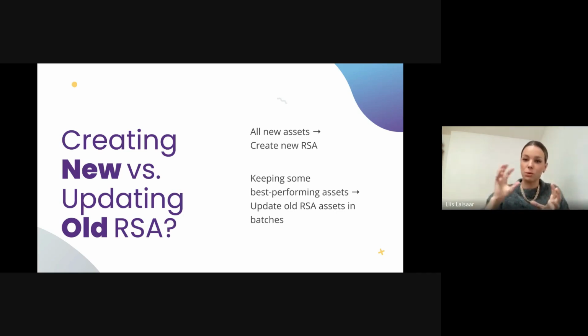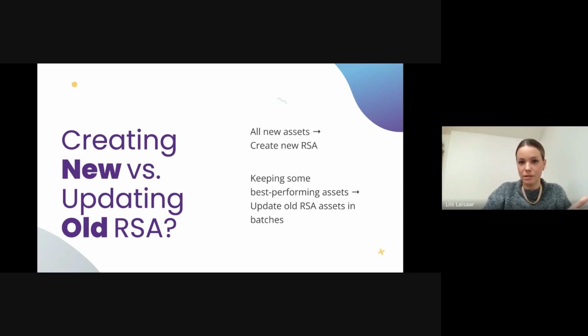As I mentioned, we do have to always keep in mind the machine learning algorithms, how they learn, what data they have, and what actions will be restarting the learning process, where you will inevitably lose some performance because it's learning and testing again. If you choose this option, replace headlines and descriptions gradually.